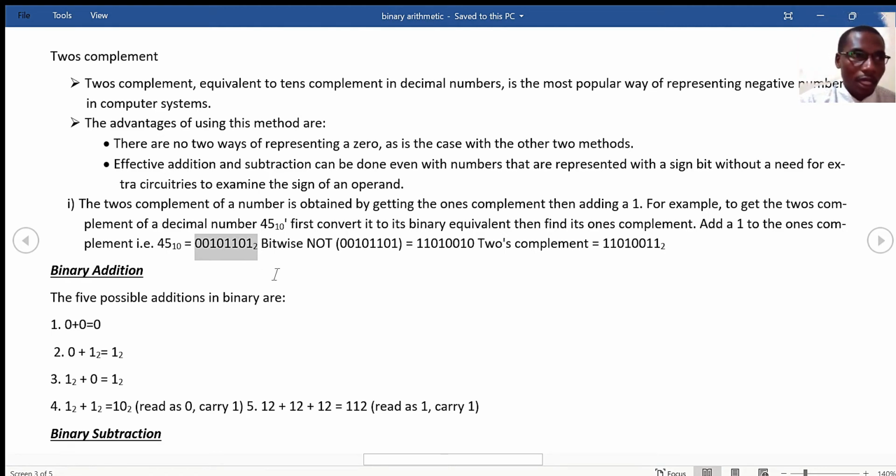After you convert it like that, you write its bitwise not. You write it bitwise not this way.